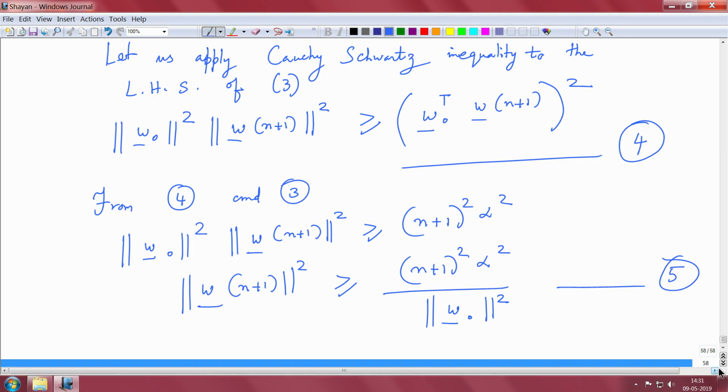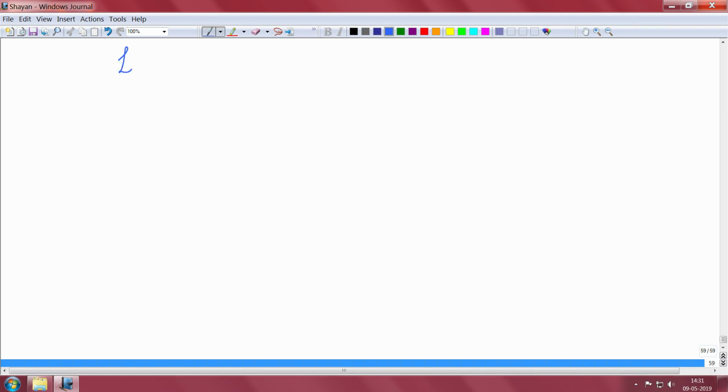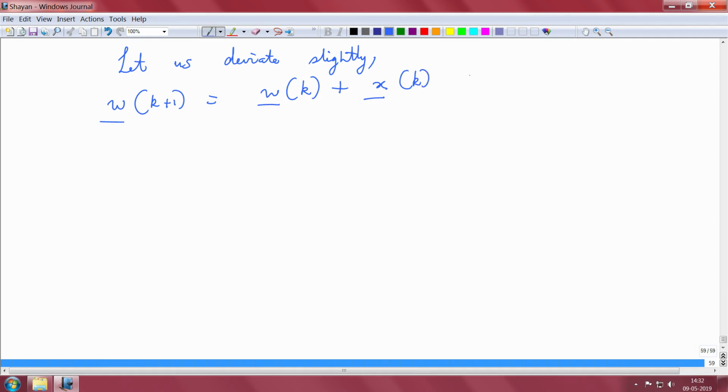Okay. Now, let us try to deviate slightly. We start with this recursion, but we had W k plus 1 is W k plus X k, and this holds for k equals 1 dot dot dot till n for all x k belonging to class C1.